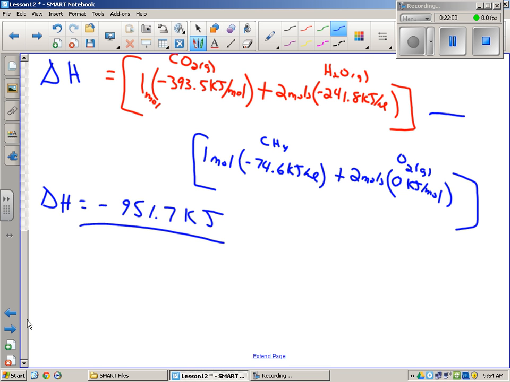Plus 2 times... I think I saw my mistake here. Minus... Oh, sorry. Minus a negative 74.6 here. And you have to be careful with this minus thing here, right? So, sorry. Yeah, you're right. Oops. 802... Oh. There we go. 802.5 is what we should have, yes? Better? Okay.